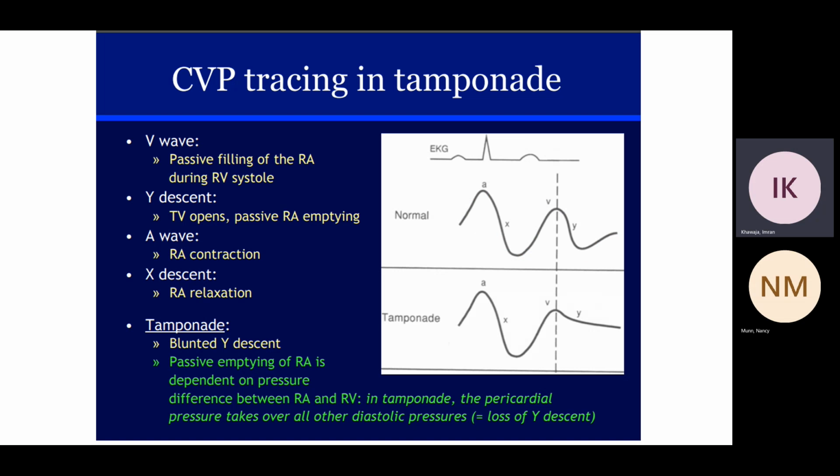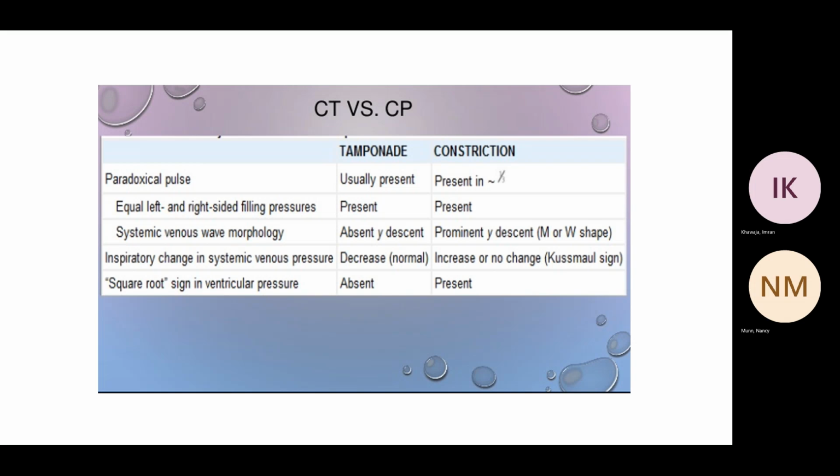That's again just to stress that point. So the difference between what you see in tamponade here, that's normal, and here you see the blunted Y descent. Again, keep that in mind.